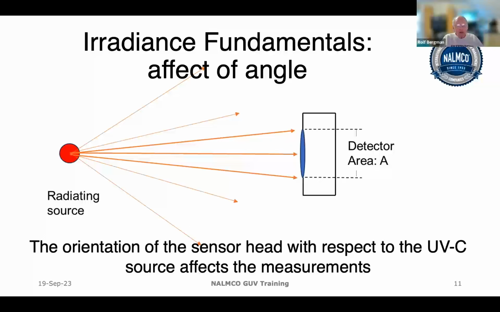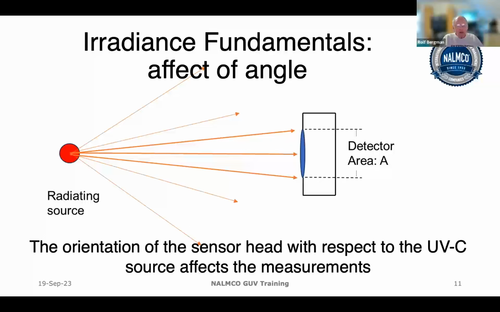So the apparent detector area is the actual area of the detector times the cosine of the angle of rotation. So it is important to remember that how you orient your detector to the source will make a difference in the readings that you get.